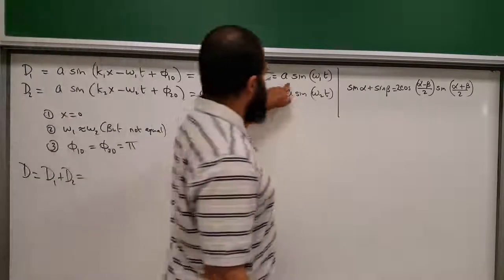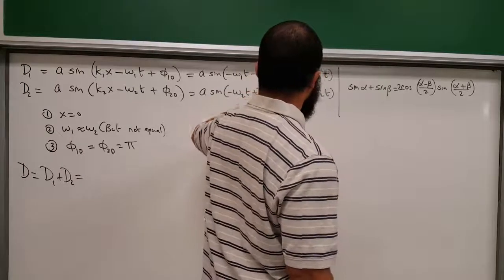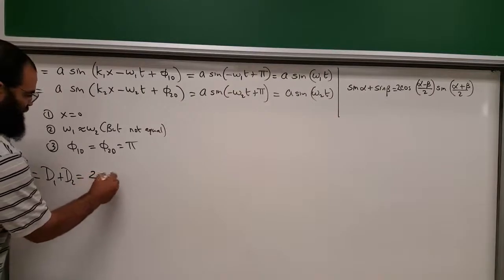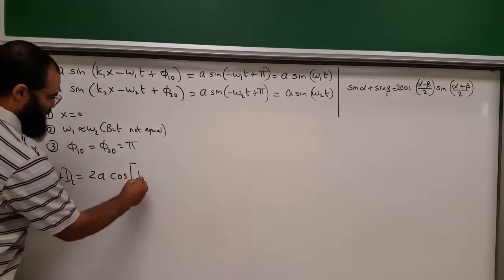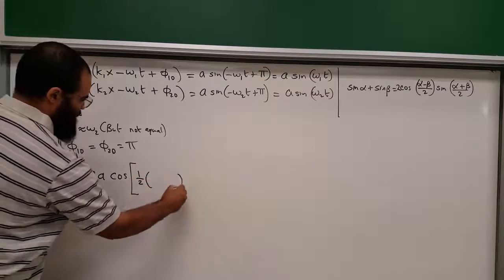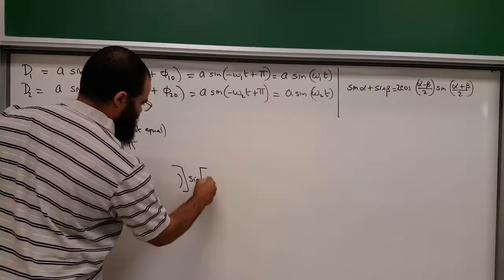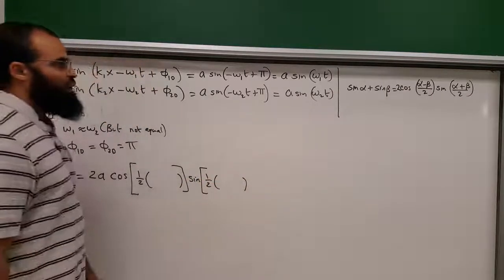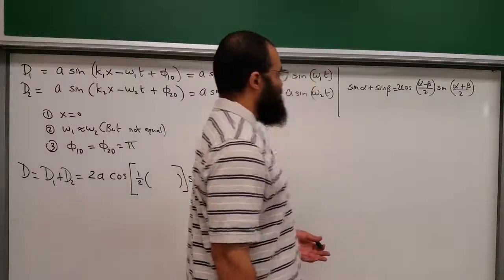I'm going to add this and this. I will have a and a in front, so when we add them we have a 2a in front. And then the cosine of something, and then the sine of something. The cosine will be the cosine of alpha minus beta over 2.